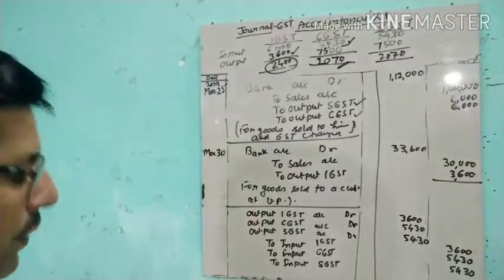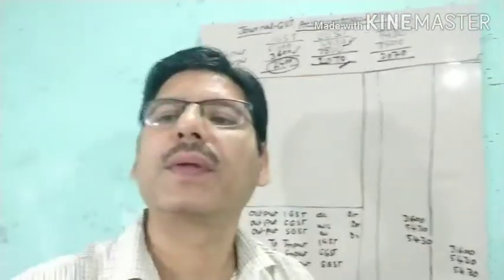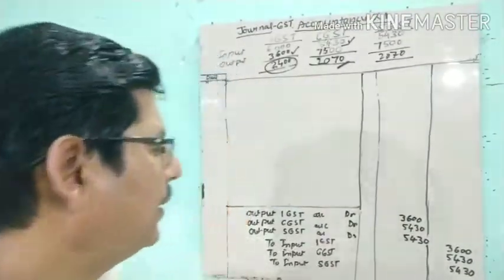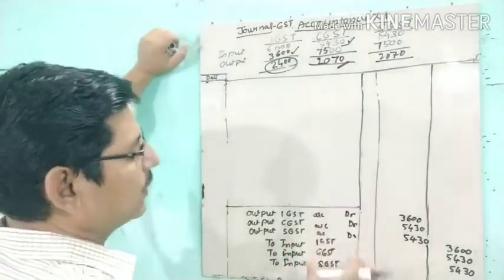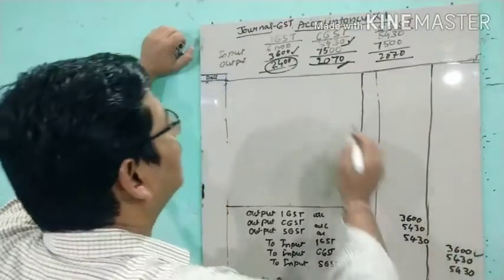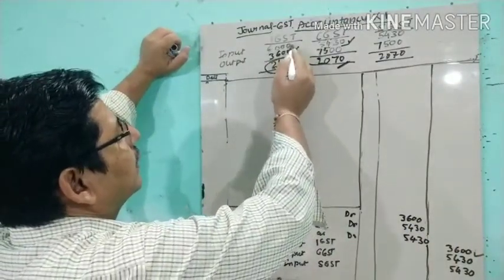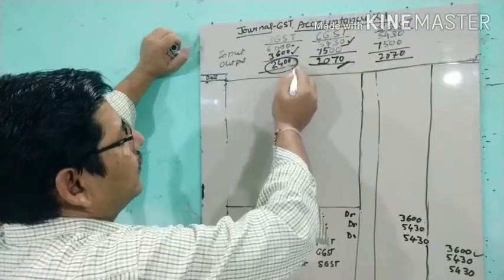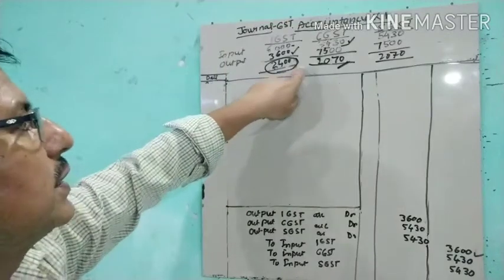Okay, now we will go a little further. Now what amount remained? We have adjusted all this. Again I am telling you, 3,600 of IGST is adjusted against 3,600 of IGST. Still 2,400 is to adjust.